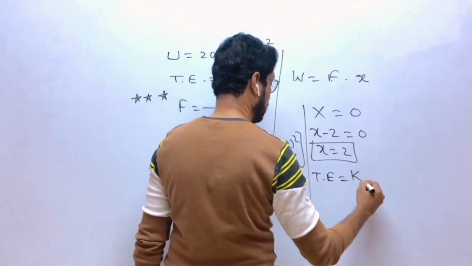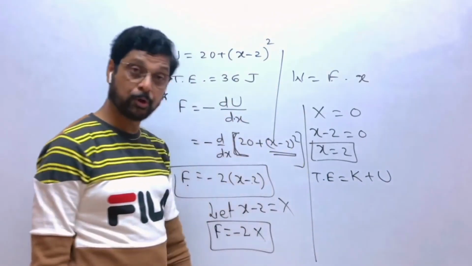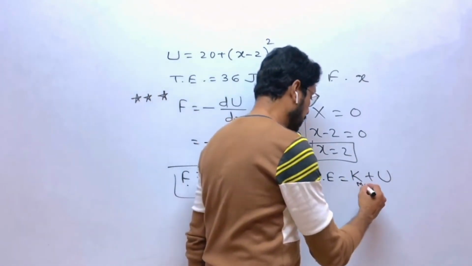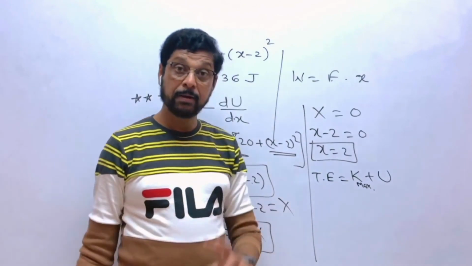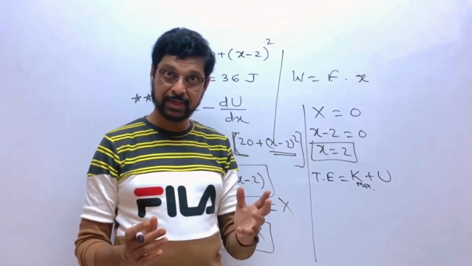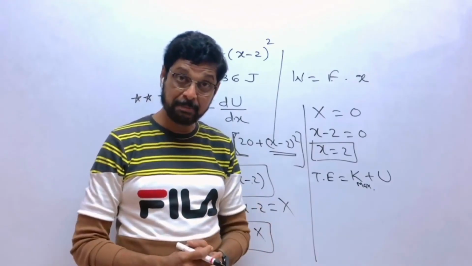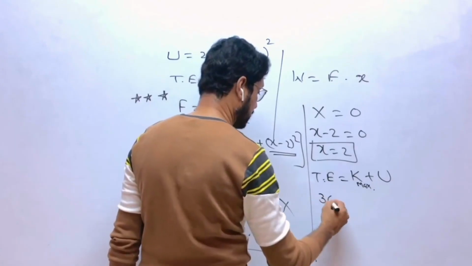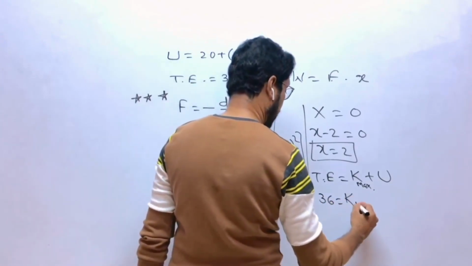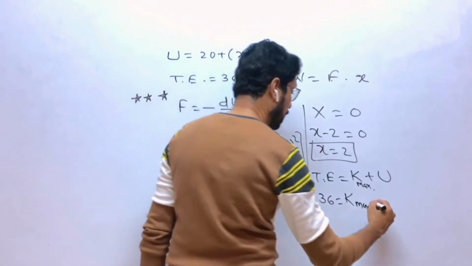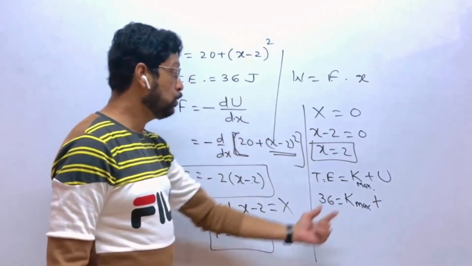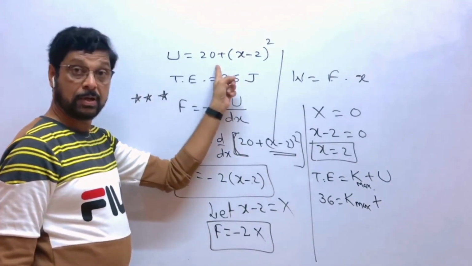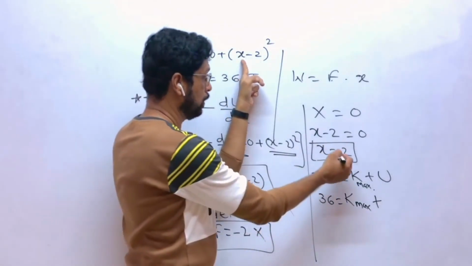Total energy is kinetic plus potential. Where will the maximum kinetic energy be? At the mean position, isn't it? Maximum kinetic energy will be at the mean position. So total energy which is given to be 36 is equal to kinetic energy maximum plus u at the mean position. Mean position x is how much? 2.